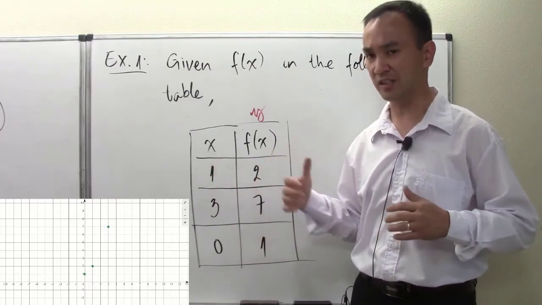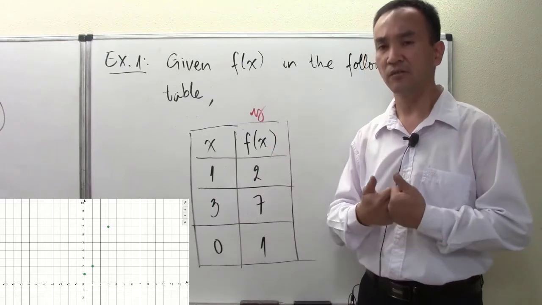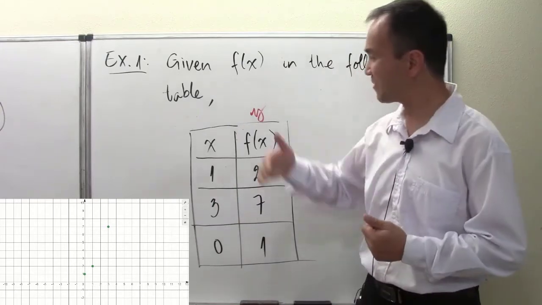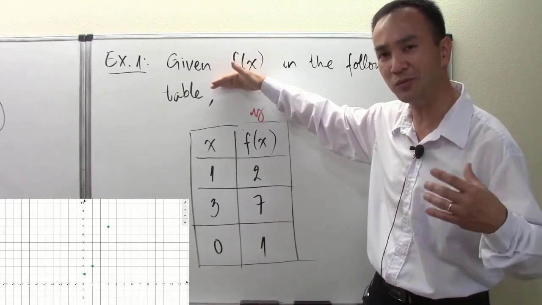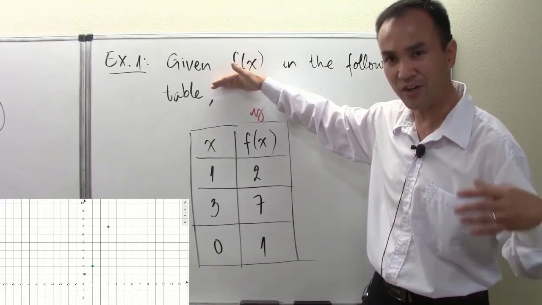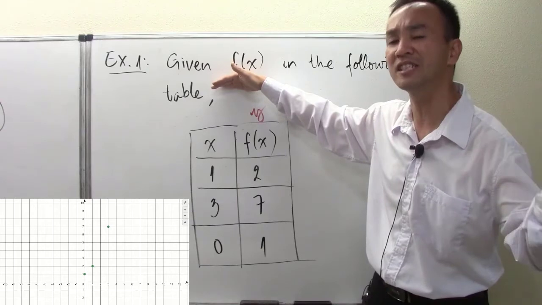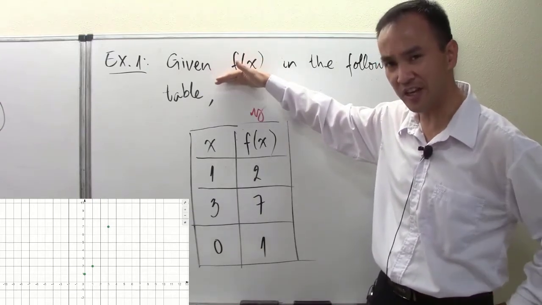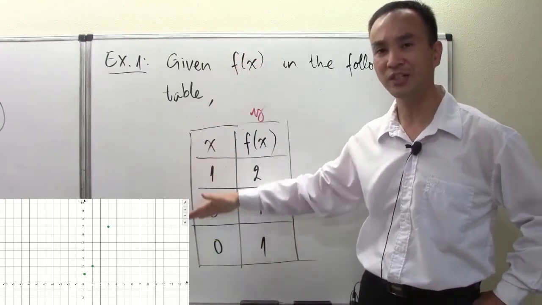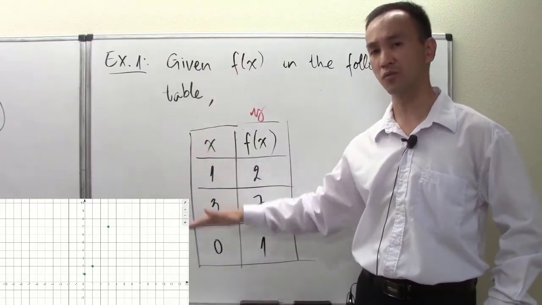But as a good practice, as a high recommendation, once a function is given to you, and you're in a situation where you need to work with the graph or sketch the graph, we need to come up with the table of values.